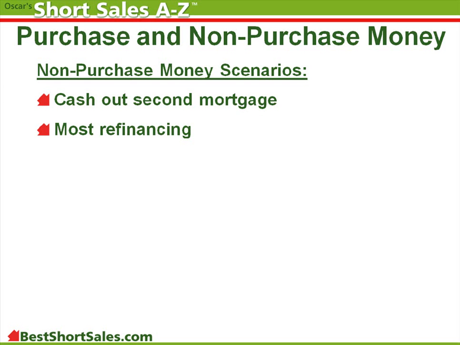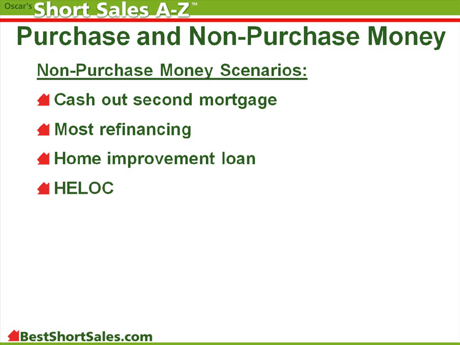For example, I refinanced into a lower interest rate, but now I owe $90,000 instead of $80,000. In most states, this will not be considered purchase money. Home improvement loan. If I get a second mortgage to fix the roof or improve the kitchen, it is not purchase money. HELOC, home equity line of credit.